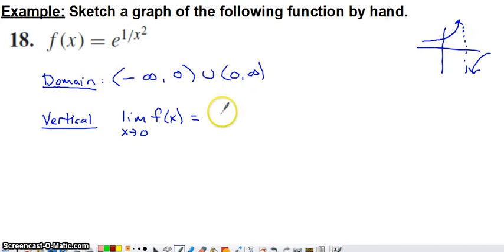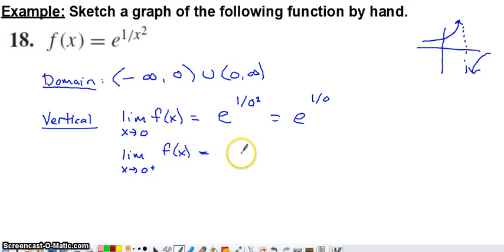So when we put 0 into the function, we get e to the 1 over 0 squared. Now, when you have an expression that is undefined, as this one is, it's a signal that you are going to get infinity or negative infinity for your limit, but you're going to want to check one-sided limits to determine which. So I'm going to break this up into two separate one-sided limits. I'm going to approach 0 from the smaller side.